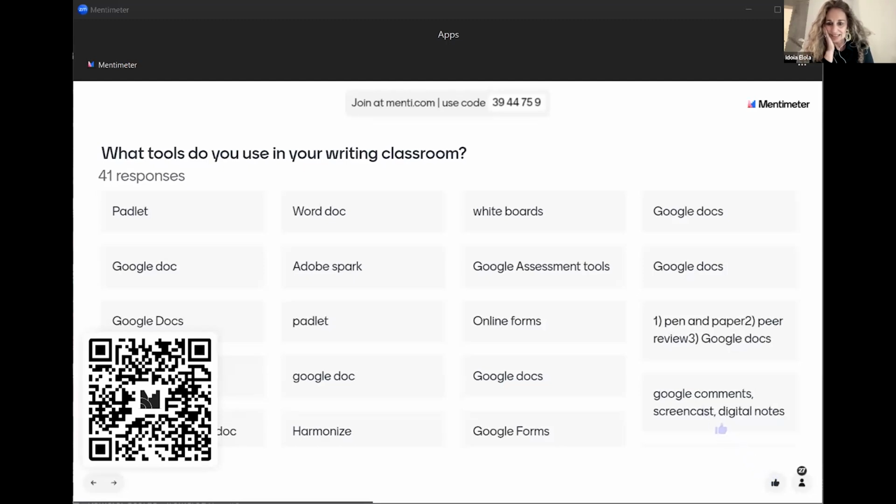Very nice. I wonder if we see all of that. We have some in the chat as well. Quizlet. So we have many people using Google Doc, a few using Padlet. All right, so we see that all over the place, many tools. Yeah. All right. So let's see what else we are using.